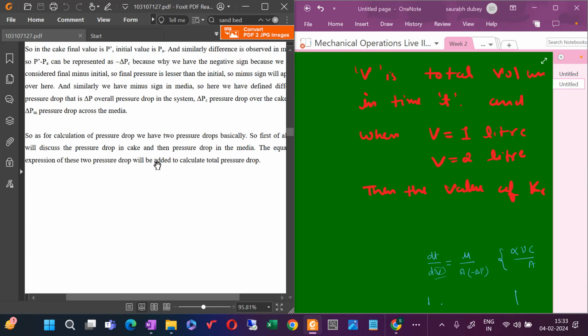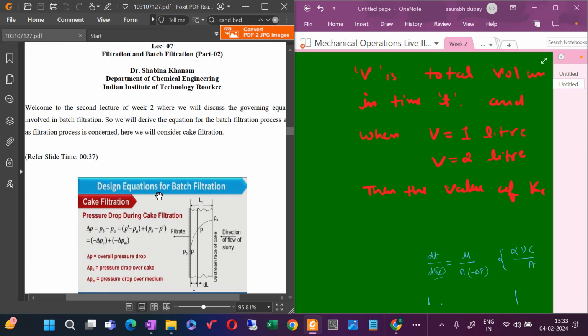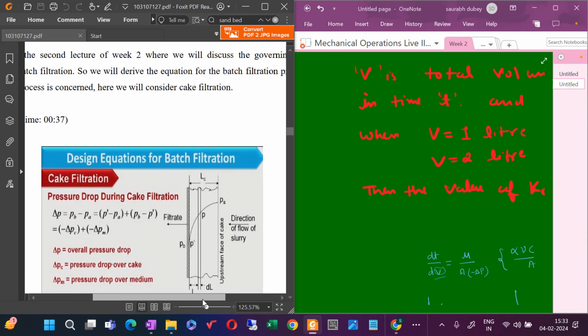So this entire design equation for the batch reactor starts with the batch filtration. It starts with the pressure drop calculation.